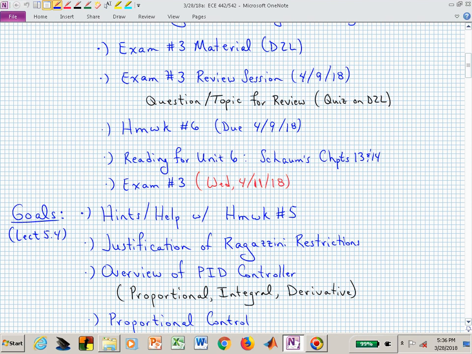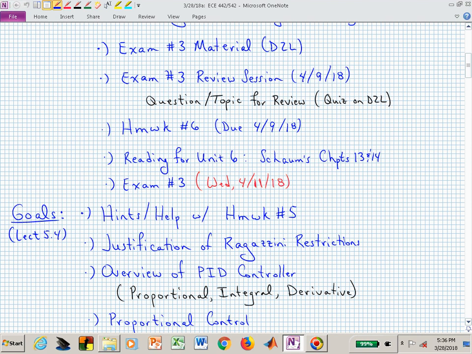stability in the S-plane versus where is stability in the Z-plane. In the S-plane, it's the entire complex left half side of the S-plane. In the Z-plane, where's stability for a causal waveform? The unit circle. You need your closed loop poles inside the unit circle.